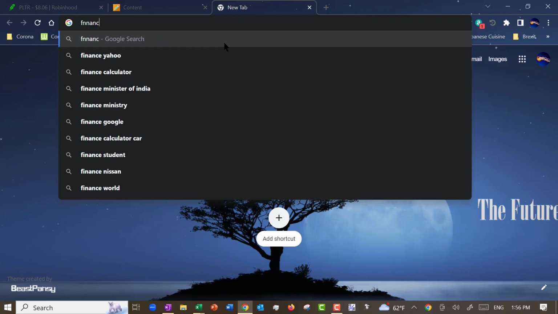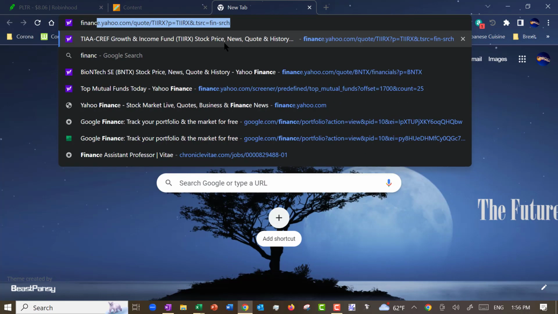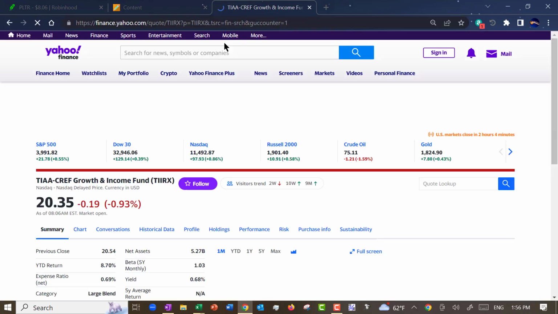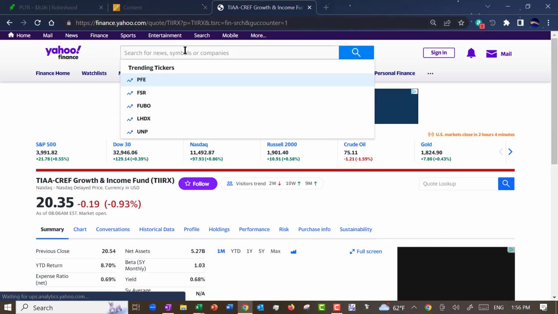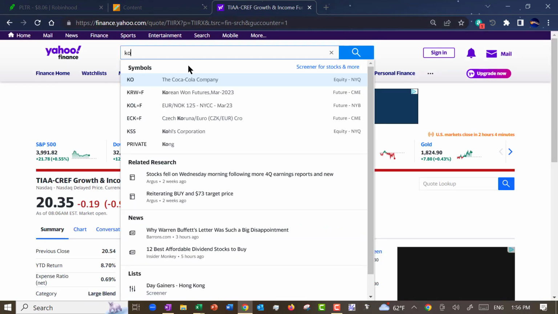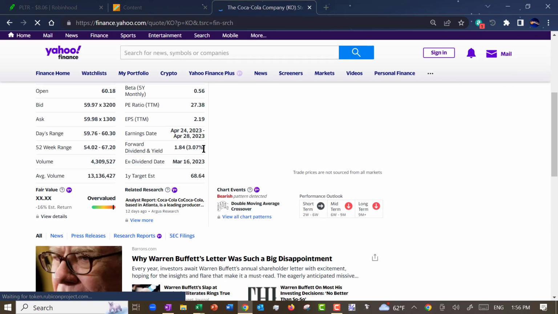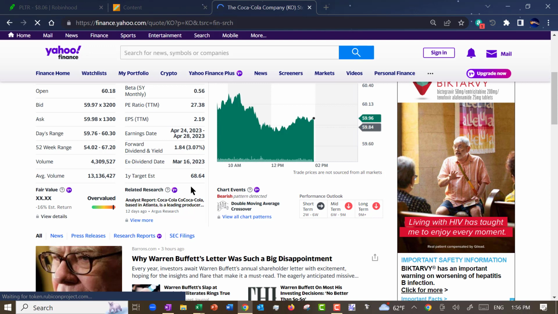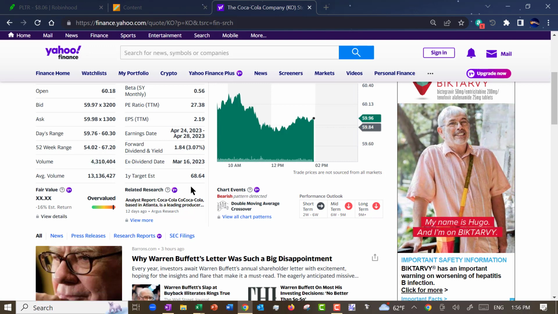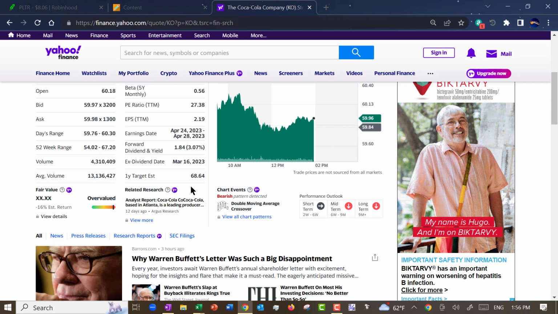For example, let's look at Coke. Right here in the summary page, it's called forward dividend yield, 3.07%. That's the expected dividend over the next 4 quarters divided by the current price. Okay.